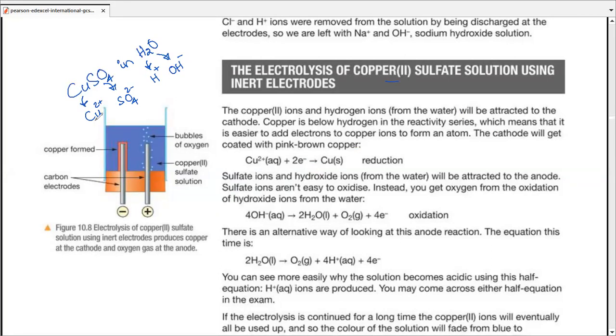Let's talk about cations first. In case of cations, the reactivity matters. So this is the first place you'd see a phrase, reactivity series. What is reactivity series? Are you familiar with it already? Yeah.